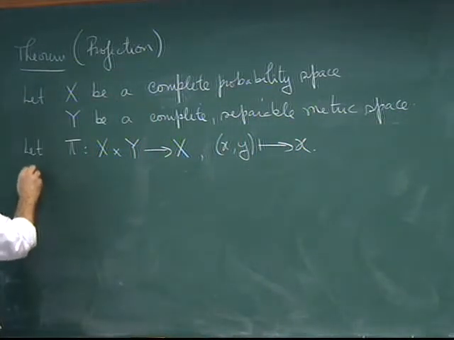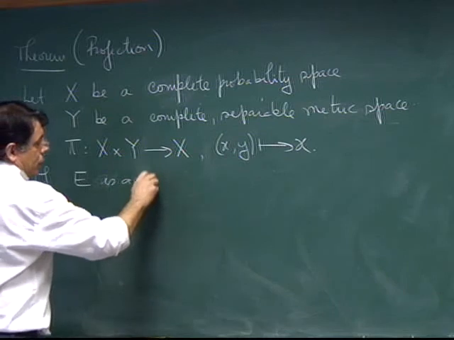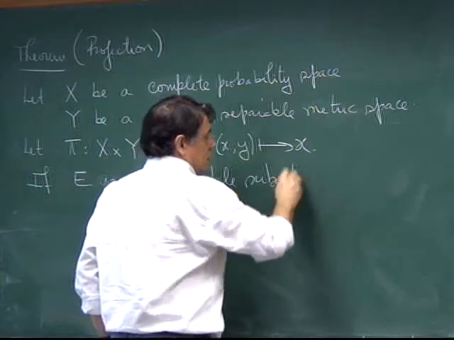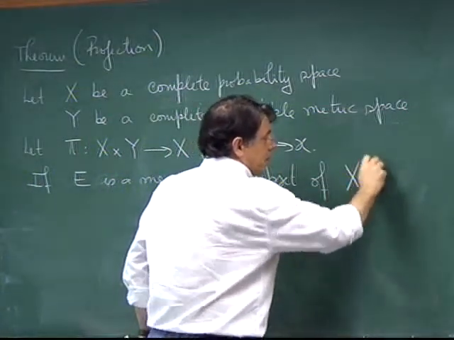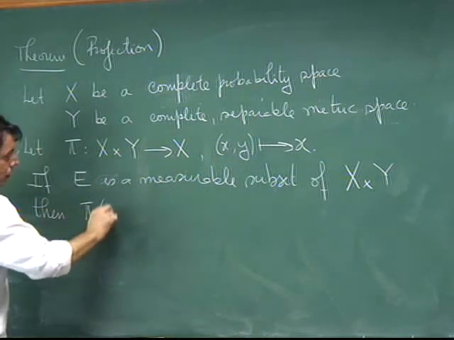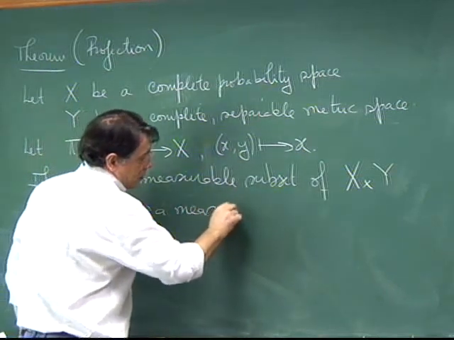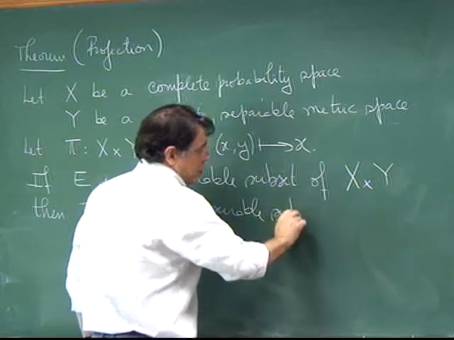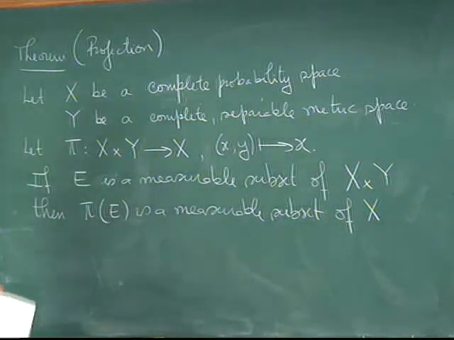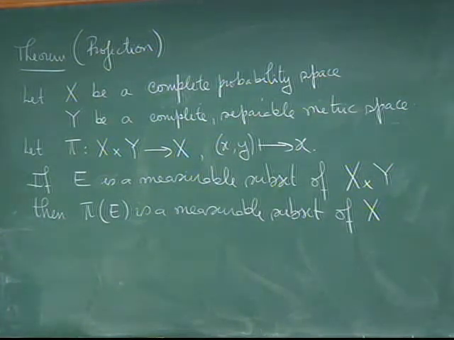So the theorem says that if E is a measurable subset of X times Y, then phi of E is a measurable subset of X. So the way to remember this theorem is the following.